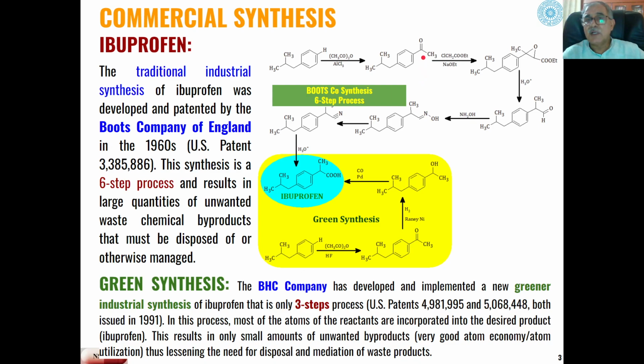When this acylated butyl benzene is reacted with chloroethyl acetate in the presence of base, this keto functional group will be converted into an epoxide ring, with this carbon of the chloroethyl acetate acting as an anion and attacking this carbon, and then removal of halogen leads to the formation of this type of epoxide.